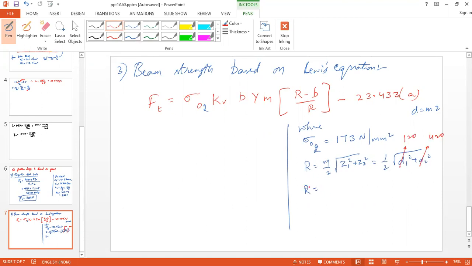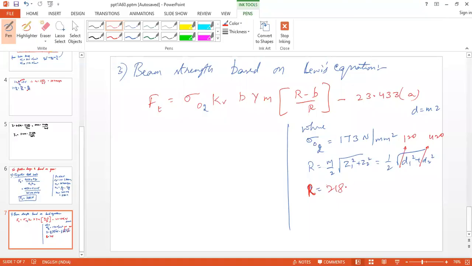So the value of R is 218.4. This is R. And we also know that the value of B varies from R by 4 to R by 3.